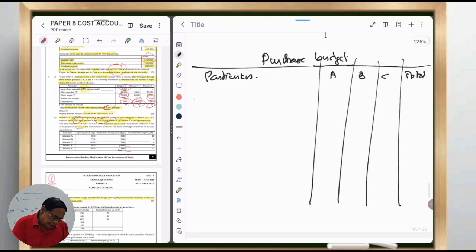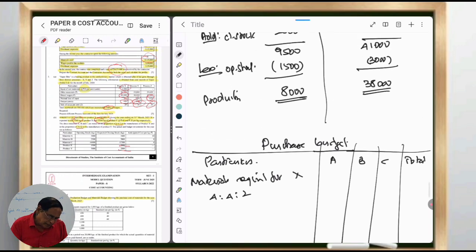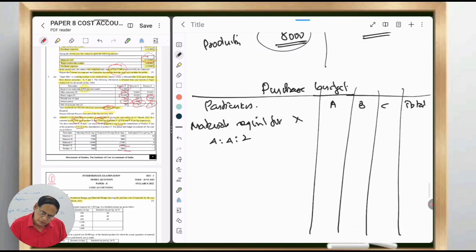So materials required for X product, A, B, C in the ratio 4:4:2. How much material is required? For the X product, we have to produce 8,000 units, for which raw materials A, B, C are required in the ratio 4:4:2.